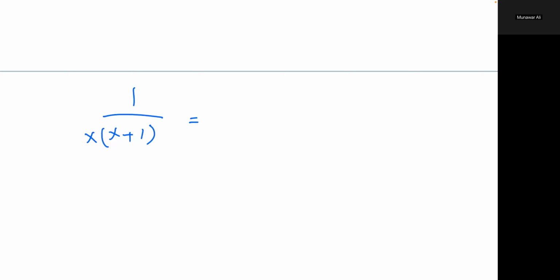So what should I do? Maybe I can add and subtract x in the numerator. Can I do this thing?